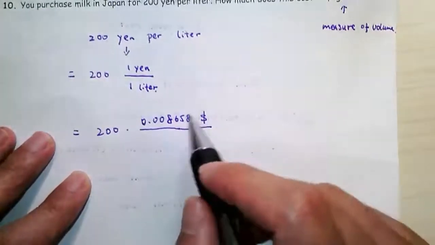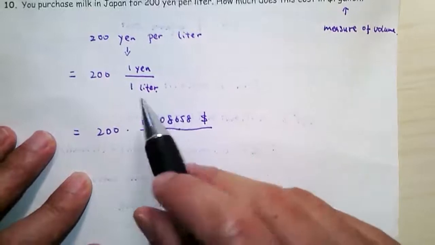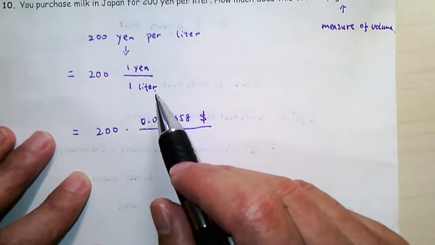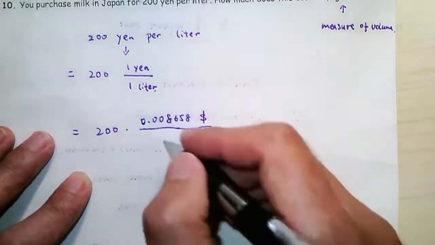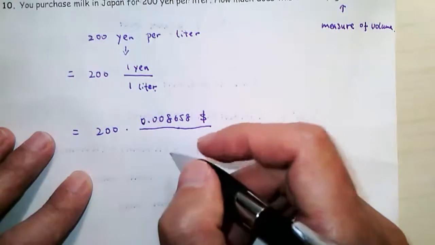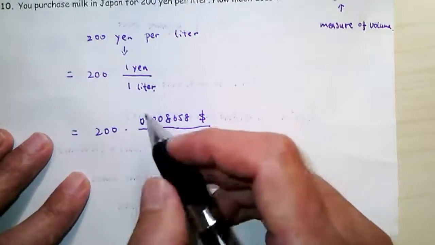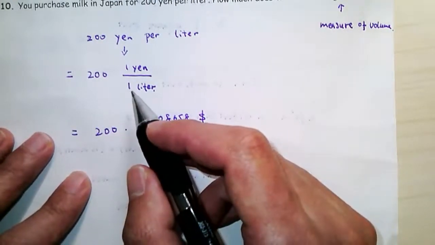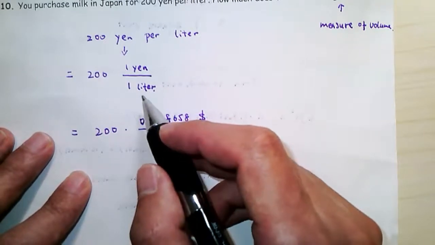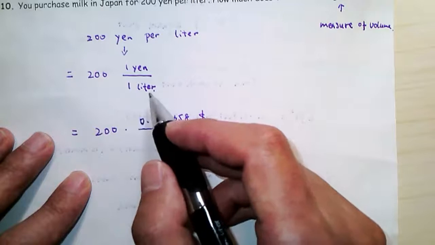Can anyone do me a favor and find out how much is 1 liter in terms of gallon? 1 gallon is equal to 3.785 liters. Yes. So can we go the reverse way to figure out how much is 1 liter in terms of gallon?